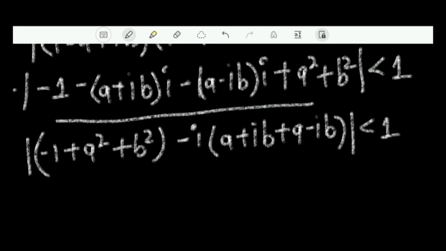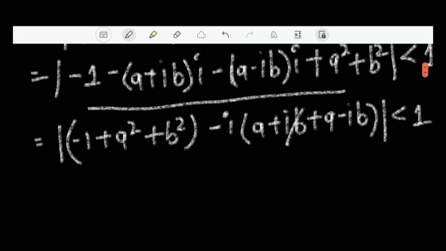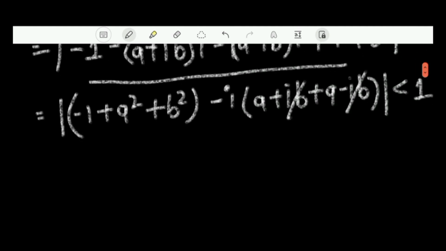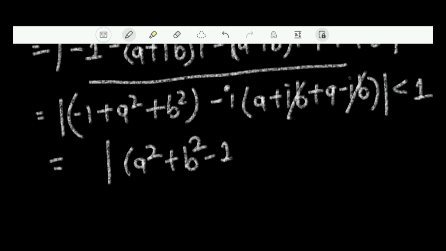smaller than 1. We can simply cancel out these imaginary terms, and we'll get a square plus b square minus 1 minus i of 2a smaller than 1.